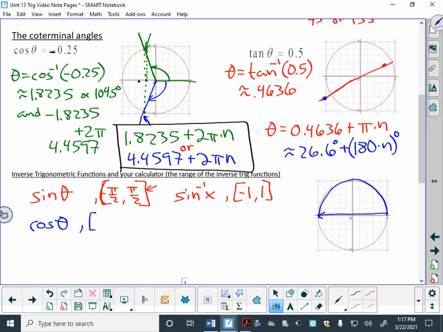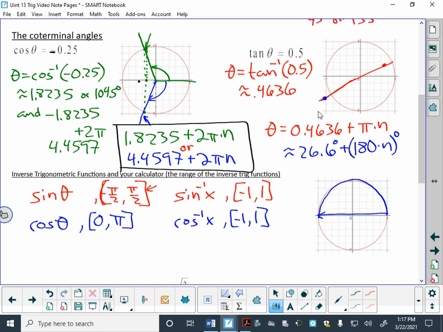So this one has a domain restriction of 0 to pi. If I want to make the inverse a function, the inverse cosine function also has a domain of negative 1 to 1, but it can only give me answers between 0 and pi. I'll never get a negative number out of an inverse cosine.